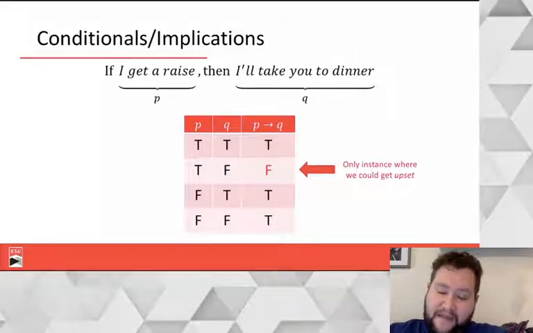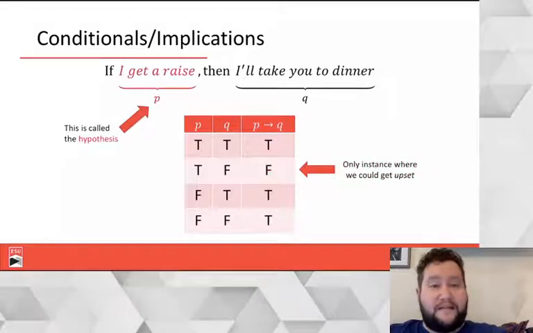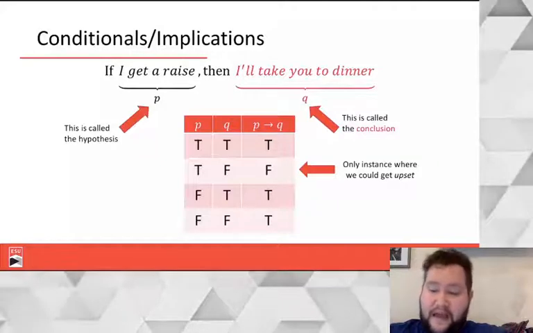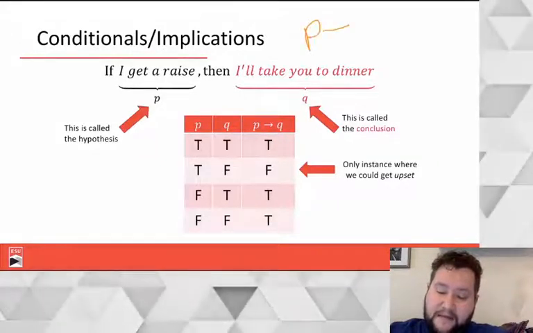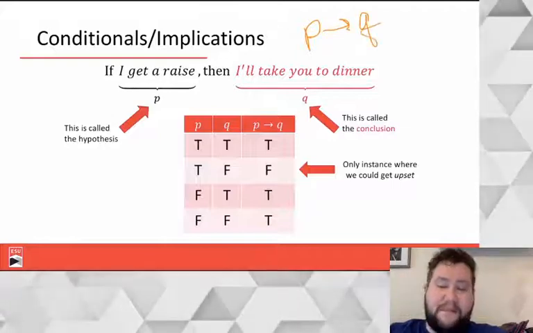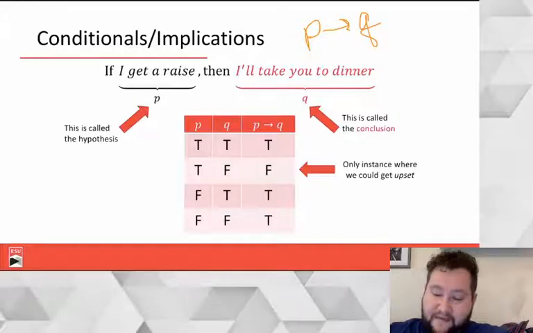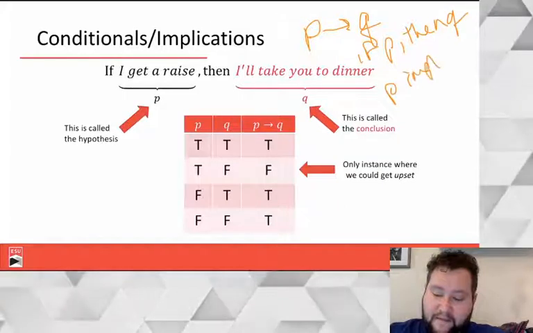If P is a statement, we call that the hypothesis. And if Q is our other statement, we call that our conclusion. Symbolically, we would write P implies Q, or if P, then Q.